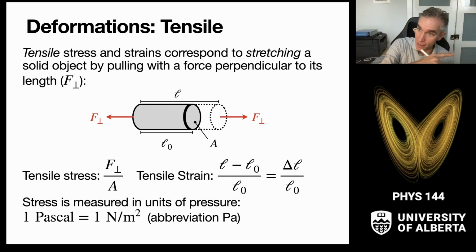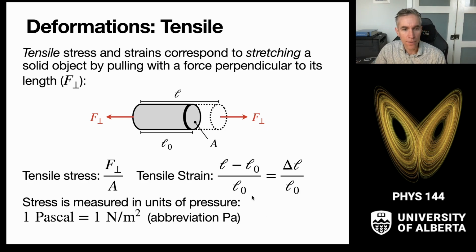More on that in the next video. But for now, pressure is expressed in the SI unit of Pascal, which is just 1 Newton per meter squared. You might know that an atmosphere is about 100,000 pascals, and that corresponds to 100,000 newtons of force applied to every meter squared of area. So we have 1 Pa is 1 Pascal.